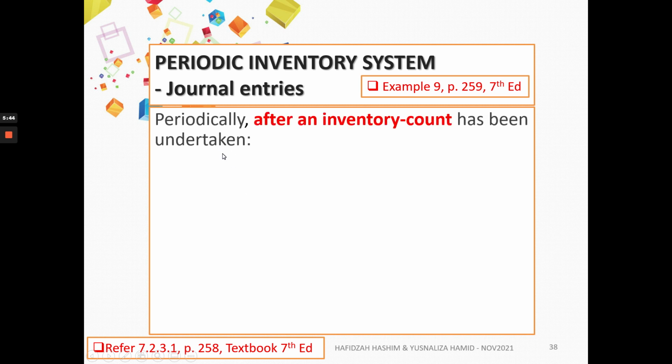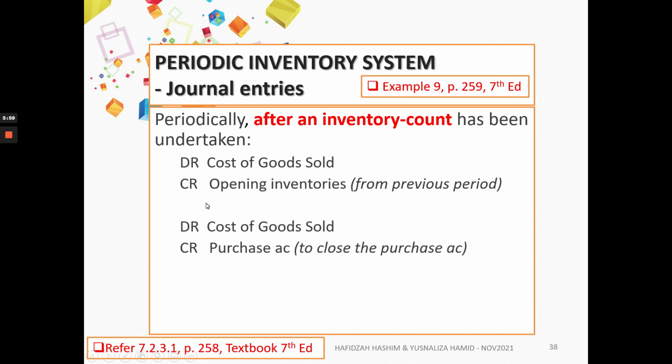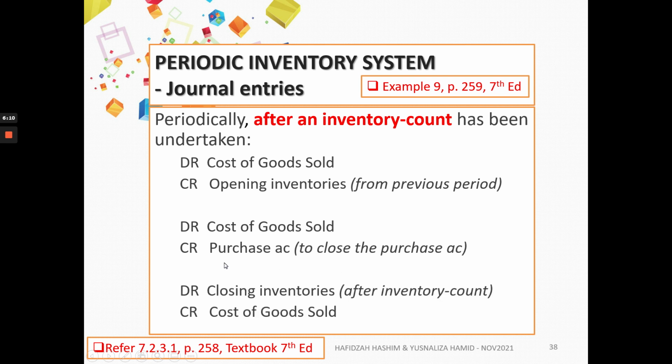After the inventory count has been undertaken, in terms of the journal entries, the debit will be made to the cost of goods sold, and the opening inventories, which is the inventories from the prior period, will be credited. The cost of goods sold will also be debited, and the purchase account will be credited in order to close the purchase account.